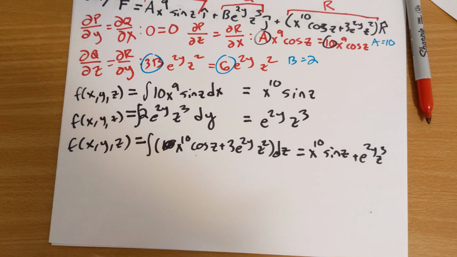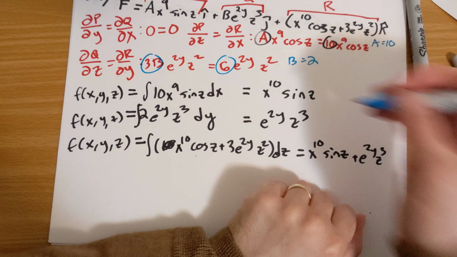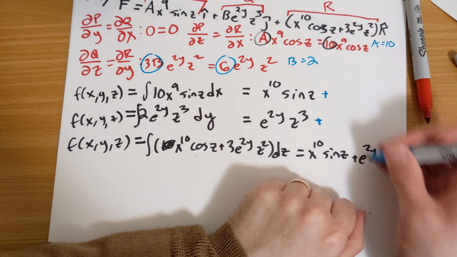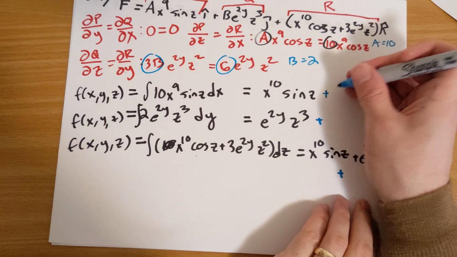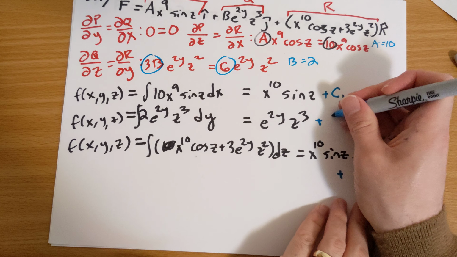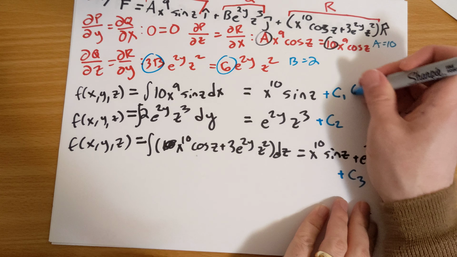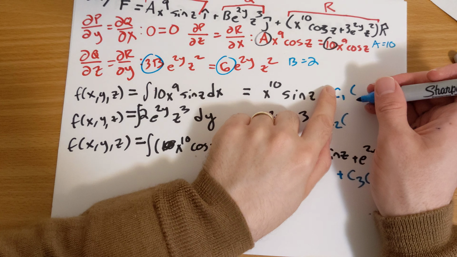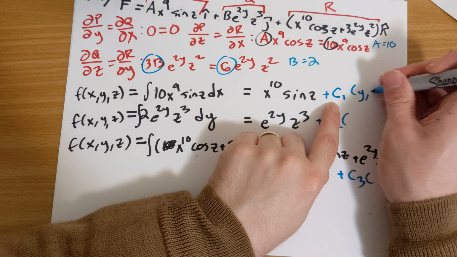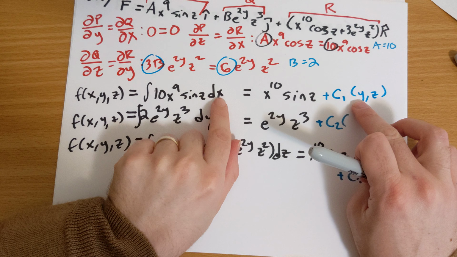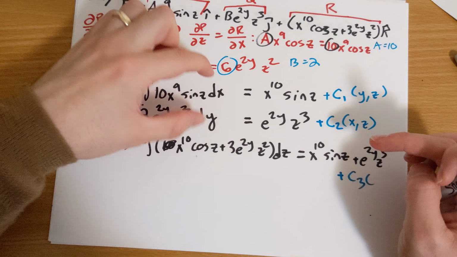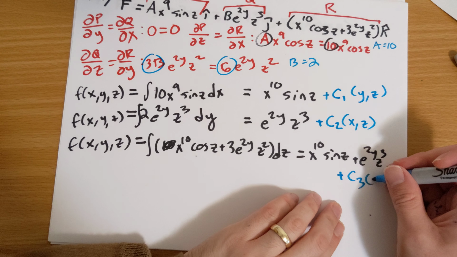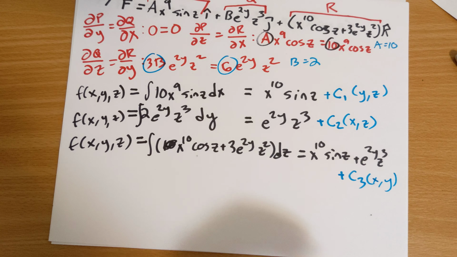Now I left out something so far. What did I leave off? We need plus c's here, but it's not just going to be a constant. It's going to be c1, c2, c3, where this isn't a constant, this is a function that depends only on y and z, the two variables that aren't x. This is a function that depends only on x and z, the two variables that aren't y, and this would depend on x and y.